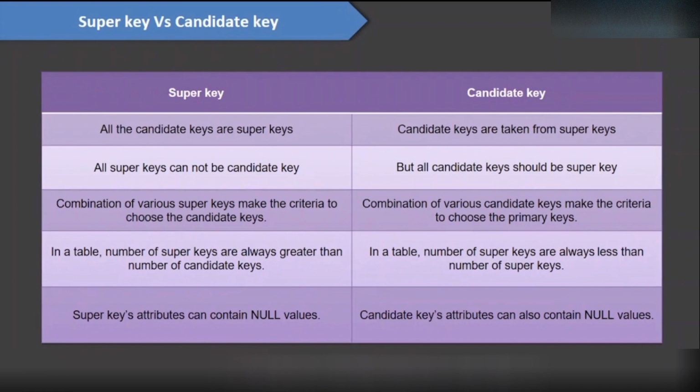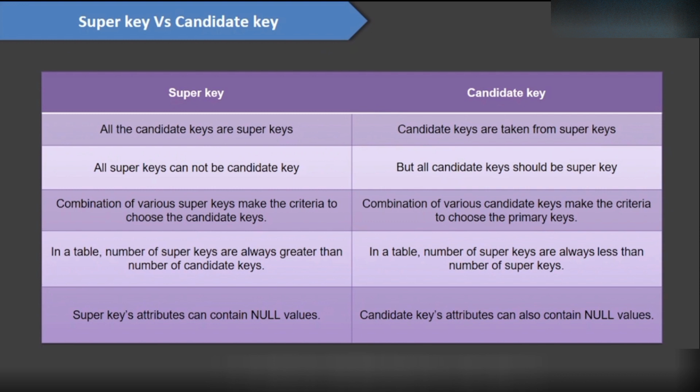Now let's have a look at the difference between super key and candidate key. In the super key, all the candidate keys are super keys. The candidate keys are taken from super keys, right? So all the super keys cannot be candidate keys, but all the candidate keys should be super keys. This is the catch over here.